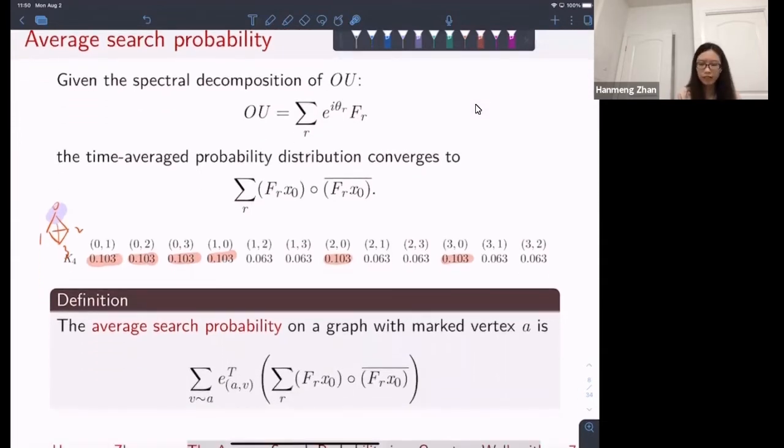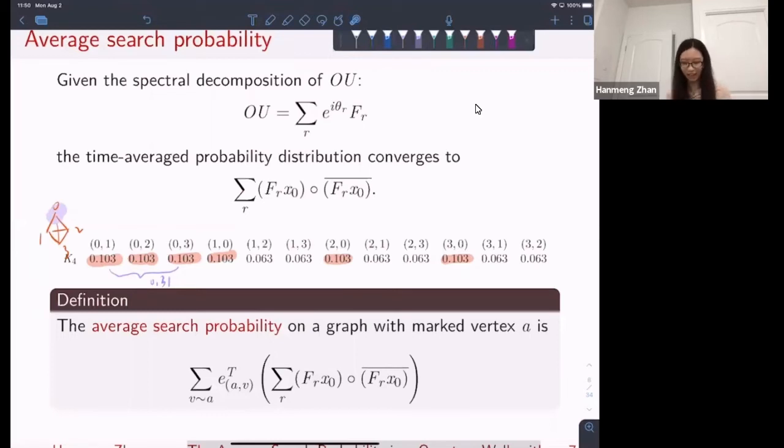For our purposes, we won't be interested in the entire distribution. Rather, we will just pick out the entries indexed by the outgoing arcs. So let's sum this up. It's roughly 0.31. So this is the average probability that my algorithm finds the target 0. So 0.31 for K4, not too bad, not too good.